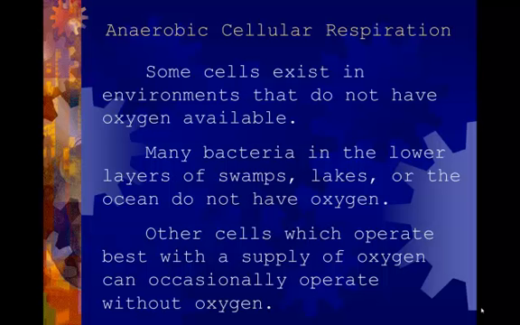So the next process, which does not require oxygen, is referred to, remember, as anaerobic. Ana means without. Anaerobic, without oxygen. So some cells exist, as I was saying, in environments that do not have much or any oxygen available. There are bacteria that live in the lower parts of swamps, lakes, actually deep in the ocean, where there is little or no oxygen.